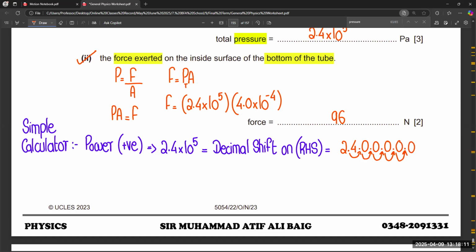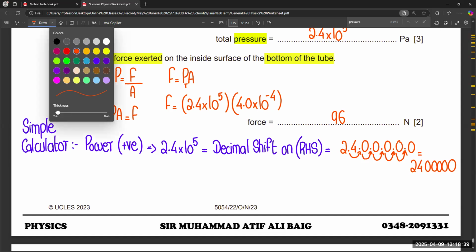So we got 5 decimal shifts, and the final answer is 2, 4 and 5 zeros. In this way, you can write this value in a simple calculator.